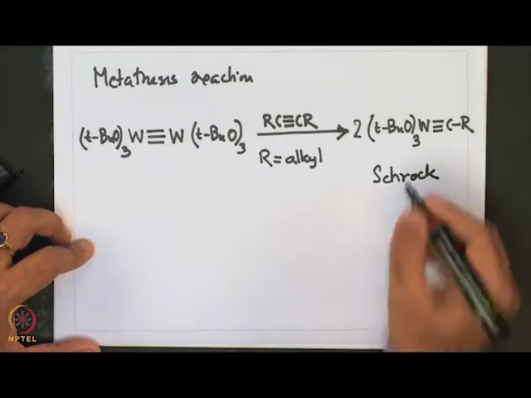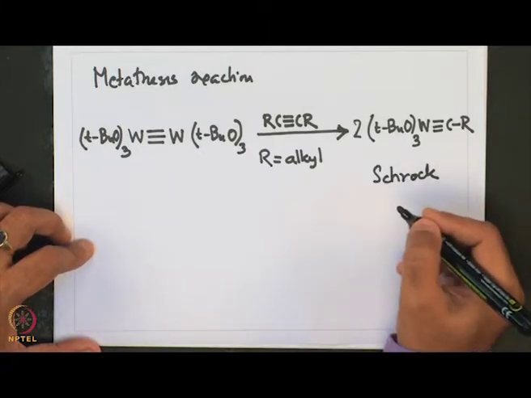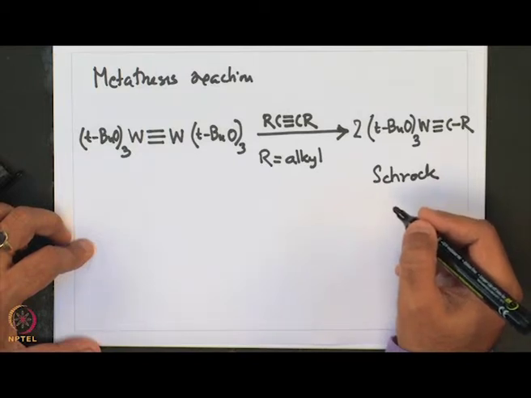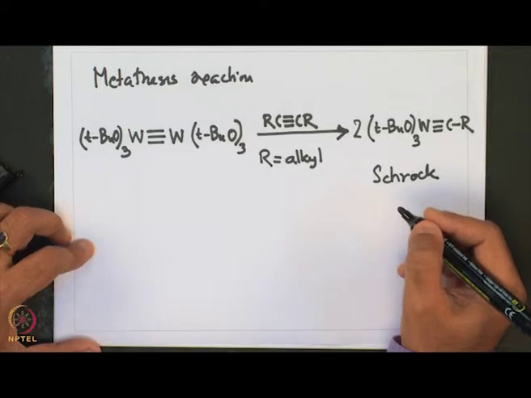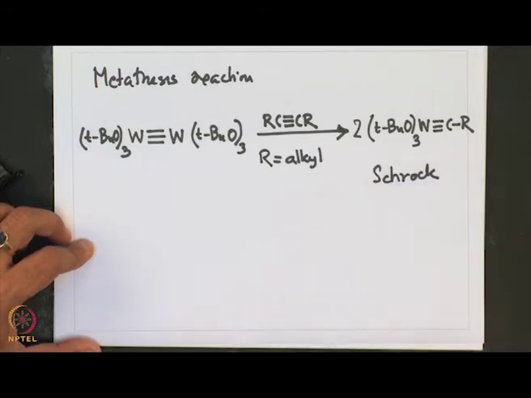and that speaks volumes about Schrock's ability to synthesize these carbyne complexes by more than one method. The first one was by alpha deprotonation, and the next one is by metathesis reactions.